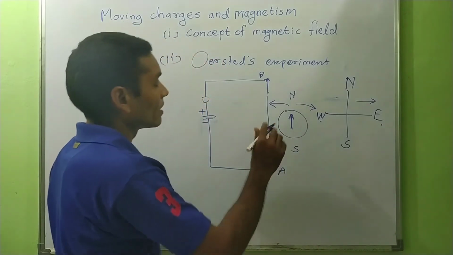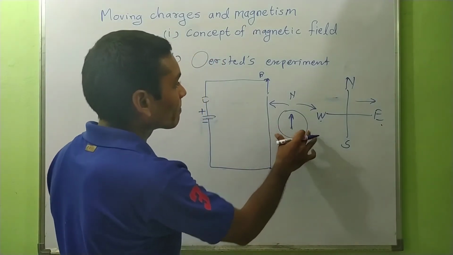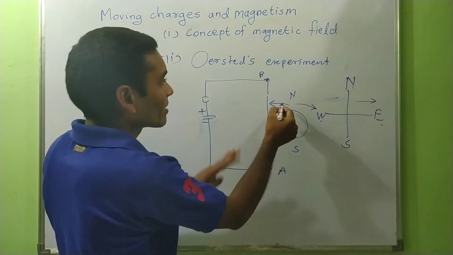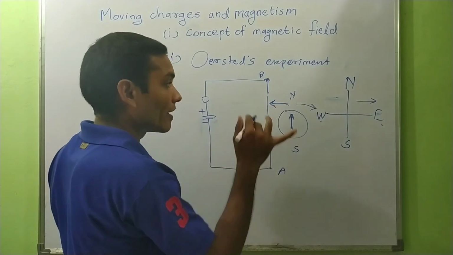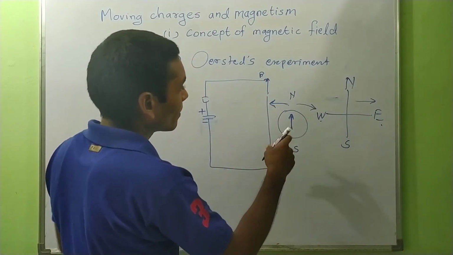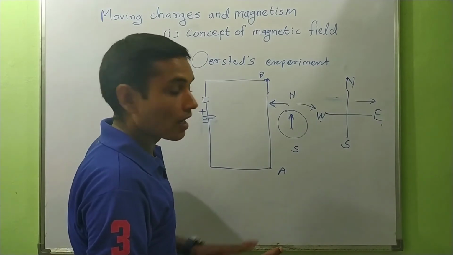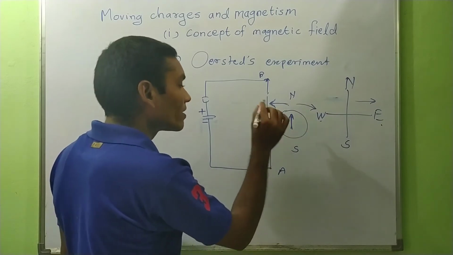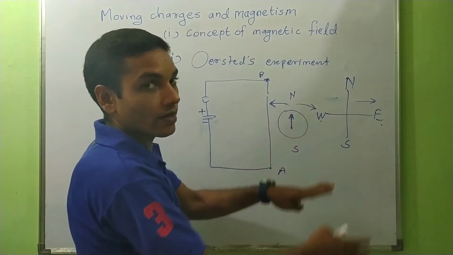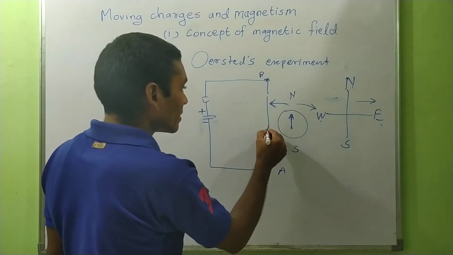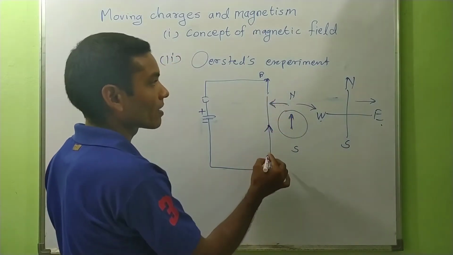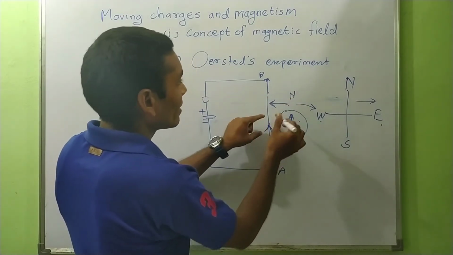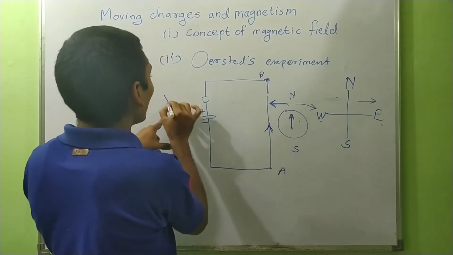Okay, if this magnetic needle is placed over the conductor, then the direction of deflection is along this direction. If this needle is placed below the conductor, under the conductor, then the deflection in the magnetic needle will reverse. If the direction of current is along this direction, and the needle is placed over the conductor, then the deflection is towards the west direction.